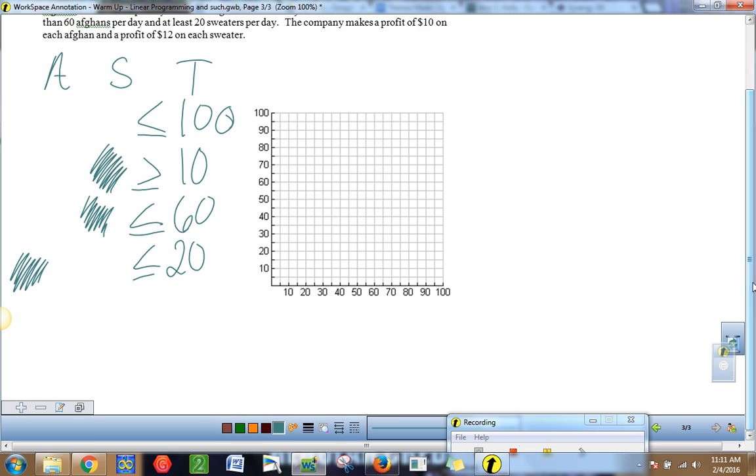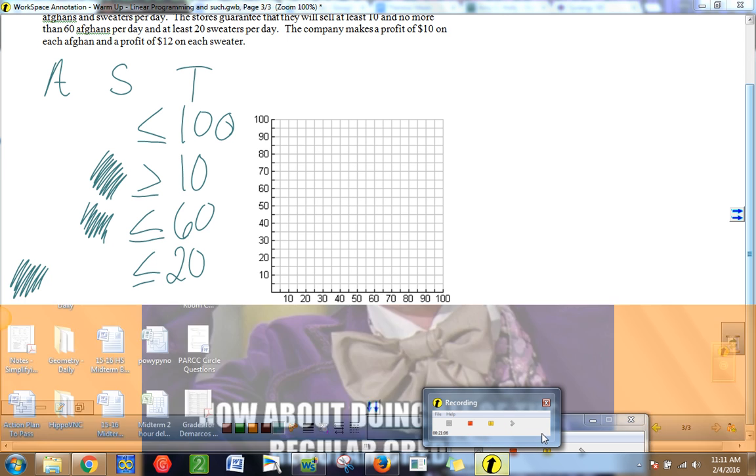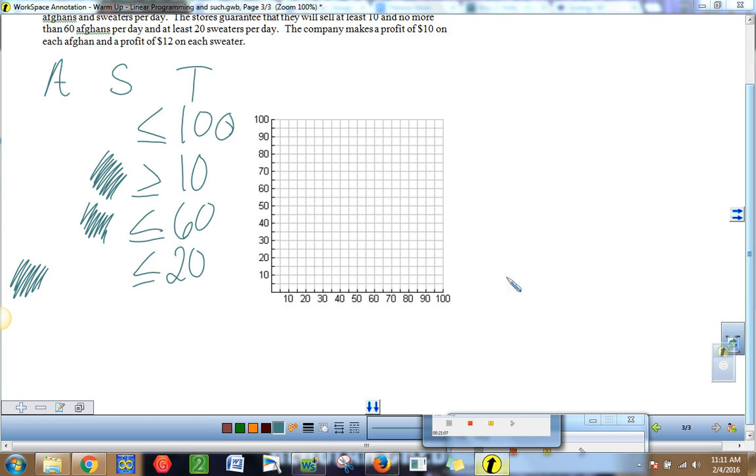Okay, last part. The company makes a profit of $10 on each Afghan and $12 on each sweater. That has to do with both of them, right? 10 is specific to the Afghans. 12 is specific to the sweaters. And is there any sort of total with the money? No. That means that's the one you're going to maximize.